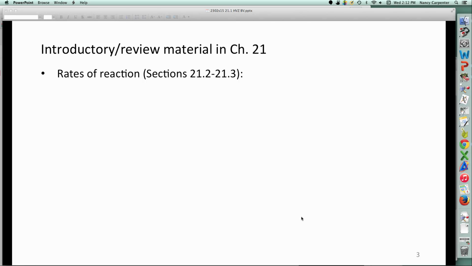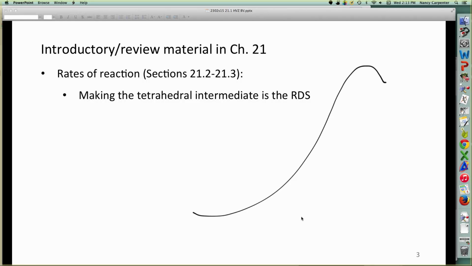So, what else is introductory or review material in Chapter 21? Well, this whole rates of reaction stuff, which is sections 21.2 and 21.3, is really just re-emphasizing what we already learned about the reactivity ladder in Chapter 20. So, as we saw in the energy diagrams in Chapter 20, that first step is a doozy. Making the tetrahedral intermediate is pretty much all uphill because you're breaking that nice strong carbon-oxygen double bond.